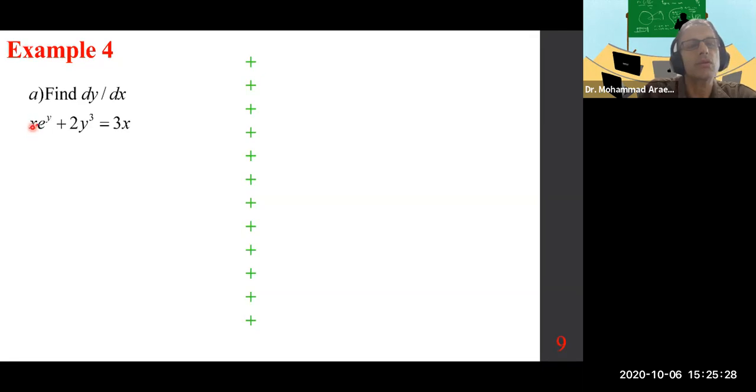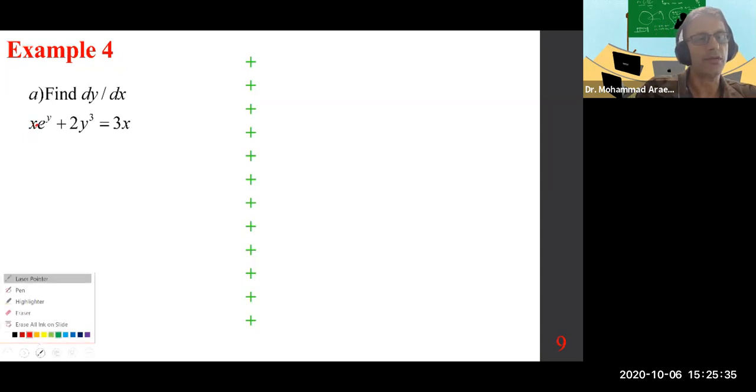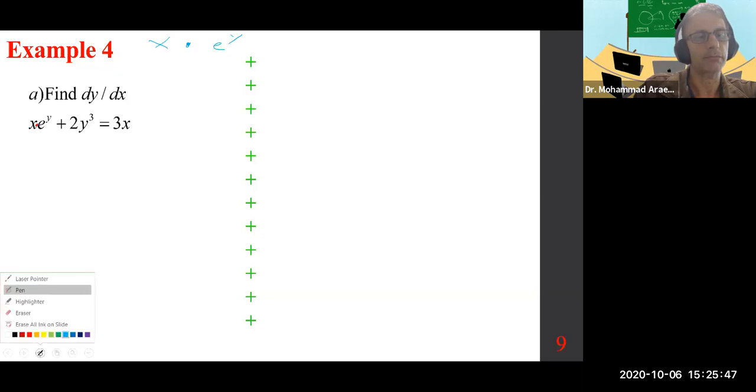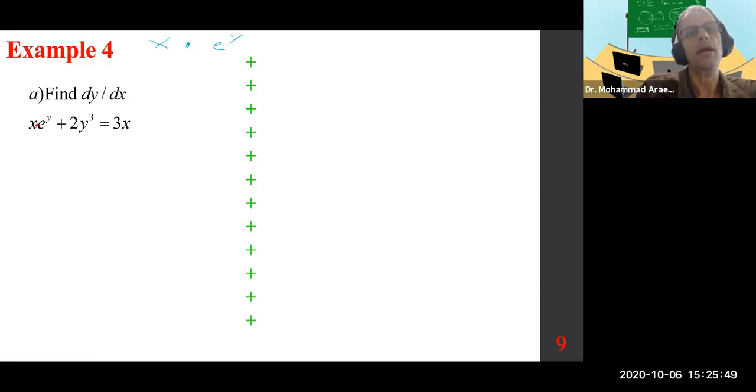Okay, so maybe I write this because I want to make sure everybody understands what's happening. Take a look at just the first piece. So the first piece, class, is x times e to the power of y. So therefore, x gives us 1 times e to the power of y. We are looking at the product rule.